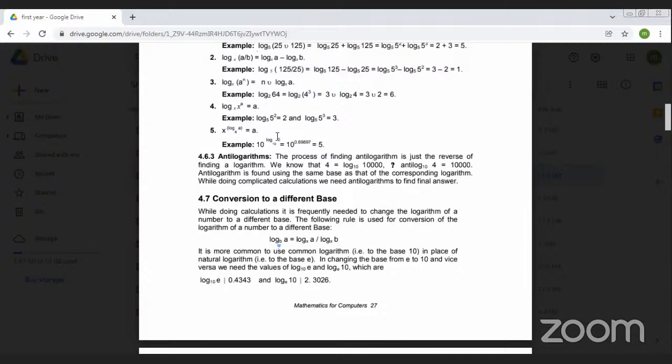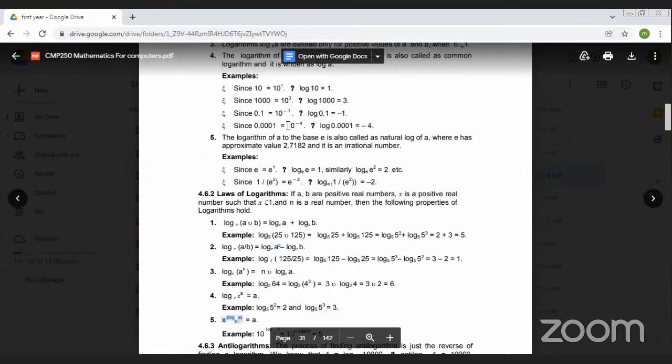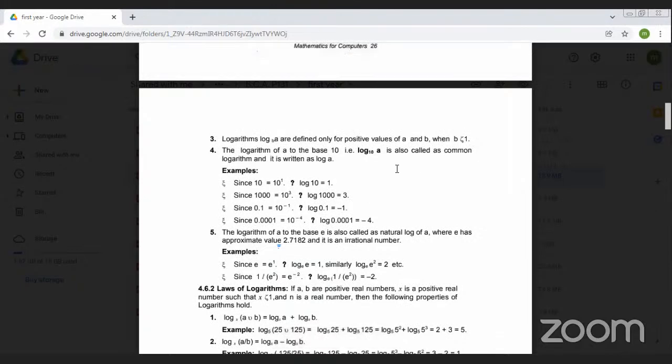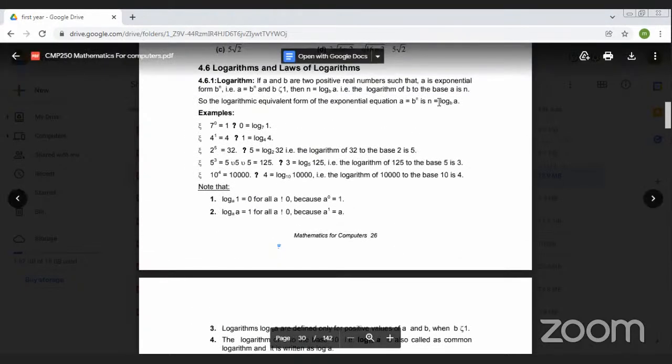It should be 5, right? The a value is 5. Now, what is the meaning of this sentence? See, log x raised to a, log x raised to a gives me n.